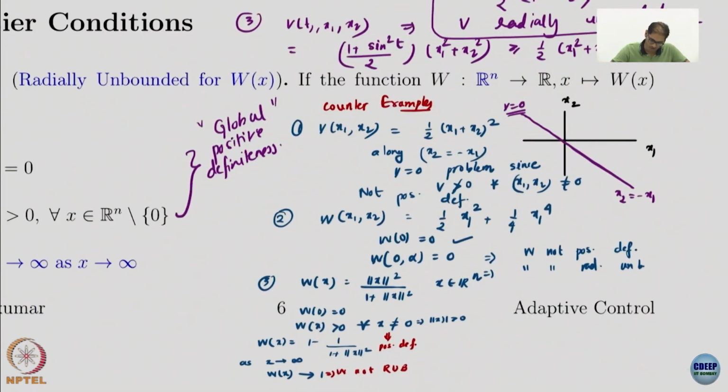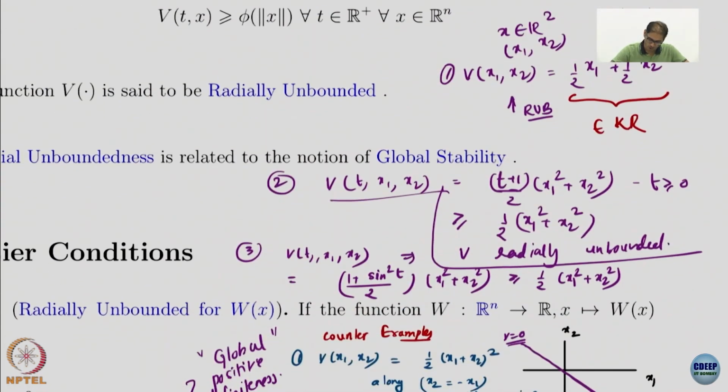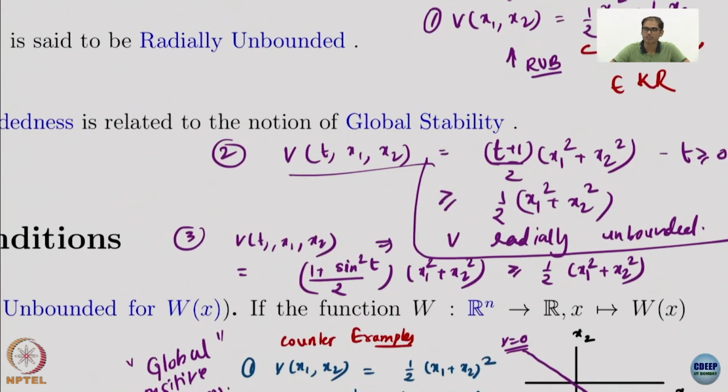Counterexamples are very good because they tend to jog your memory. If you look at this function, I have written an explanation. The function is (x1 + x2) whole squared, divided by 2.